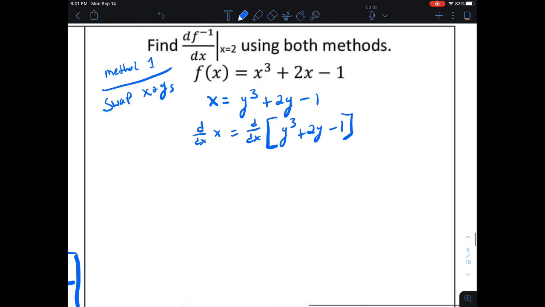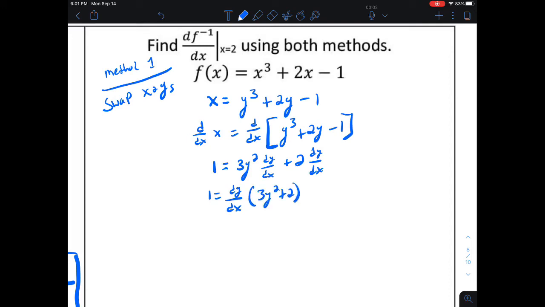And we write that derivative line. We'd have 1 equals 3y squared dy over dx plus 2 dy over dx. And then minus 0. Factor out our dy over dx.